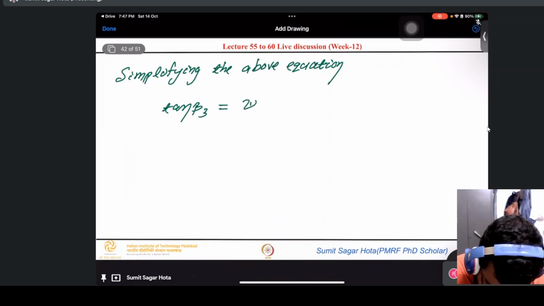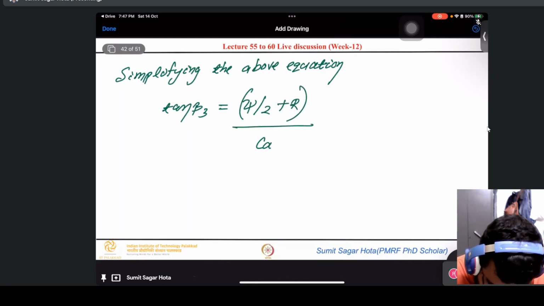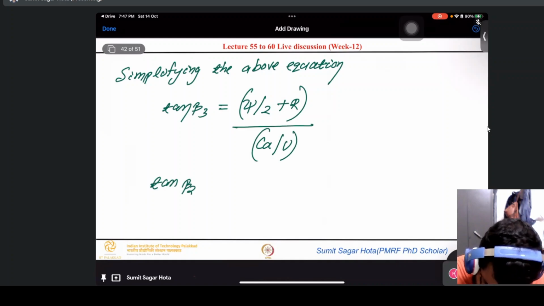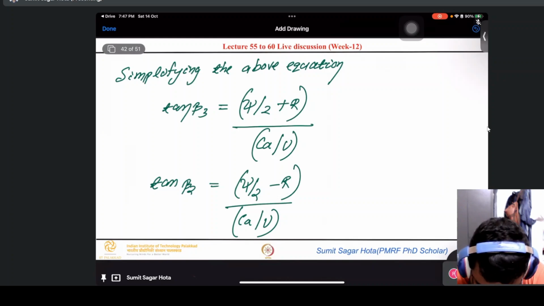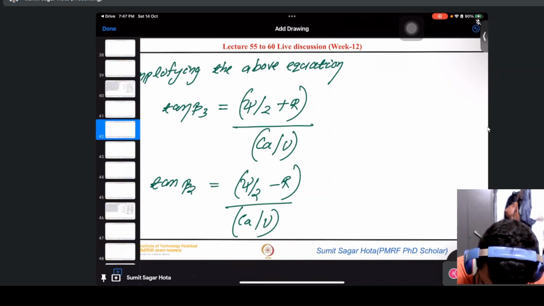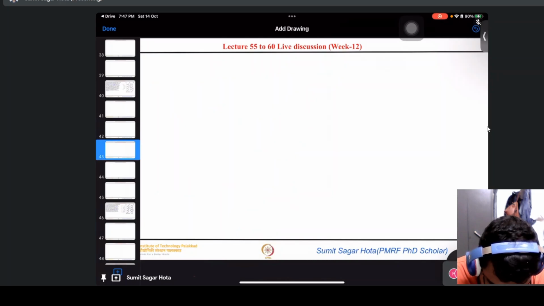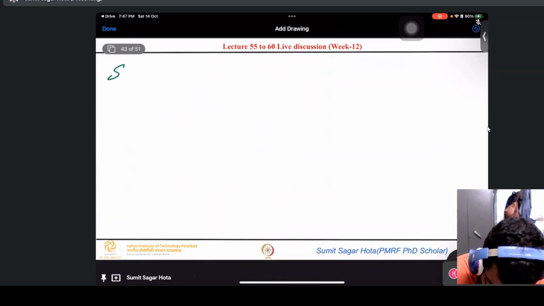Tan beta 3 is equal to (psi by 2 plus R) divided by Ca by U, and tan beta 2 is (psi by 2 minus R), Rx the same, divided by Ca by U. What is Ca by U? It equals phi.